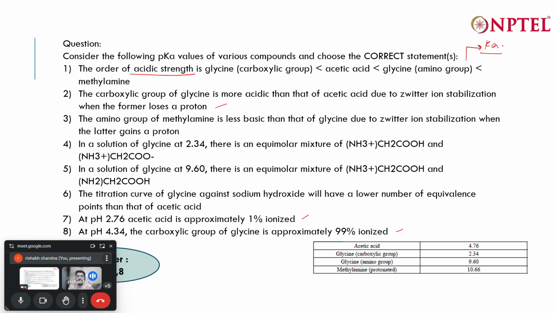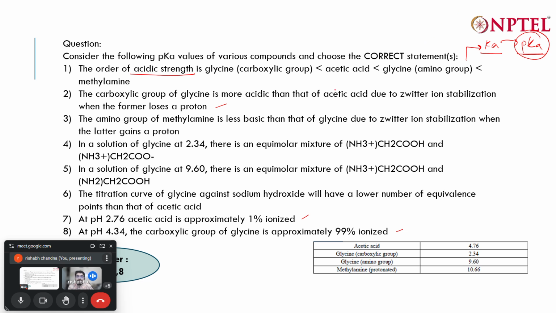That means how easily an acid can donate its H plus ions or protons. And the opposite is the pK values, because here the pK values are given. So the higher the pK value, the lesser the acidic strength of the group that is given.